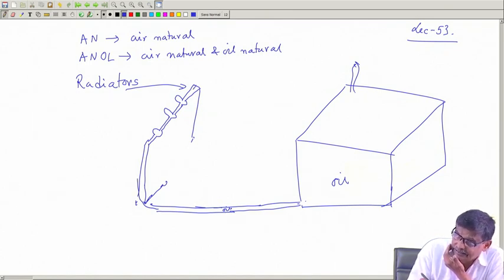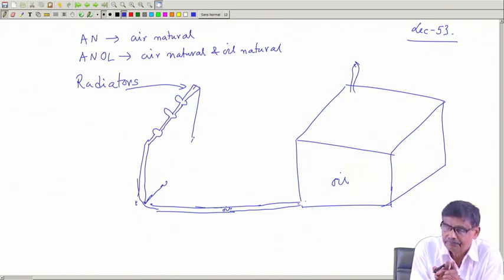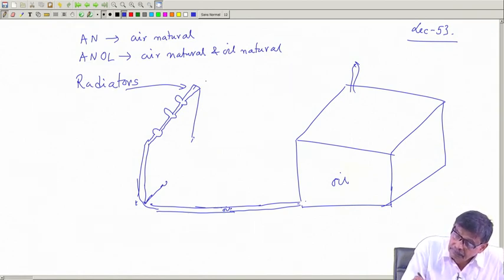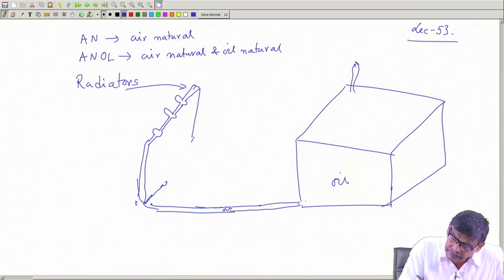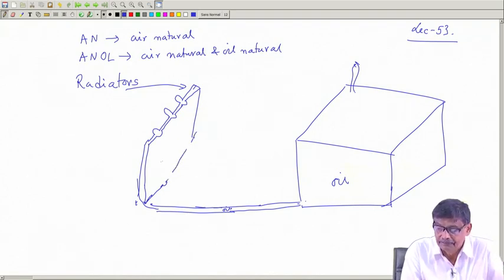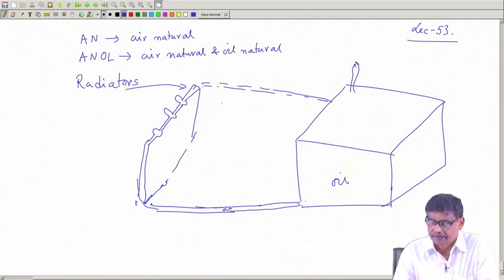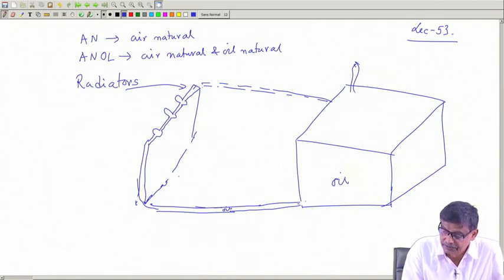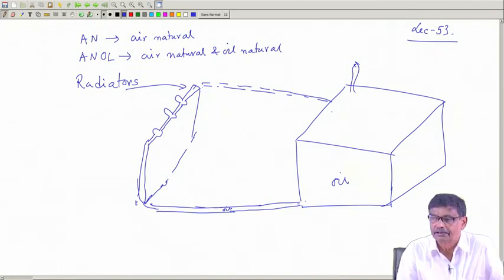These are open spaces. Then oil will be pumped in, and it will once again come out, connected to the tank. So, oil will go through these radiating tubes all along and will come back here.